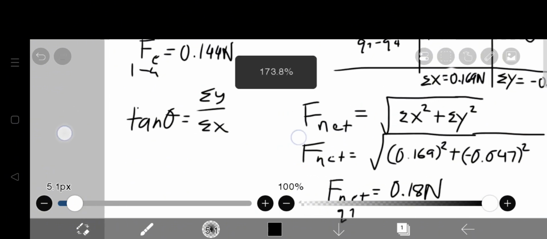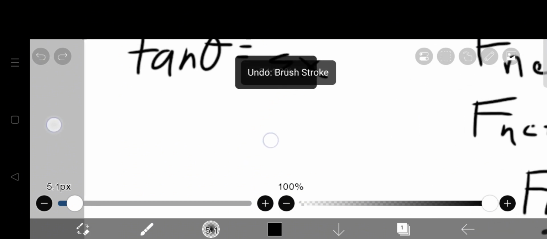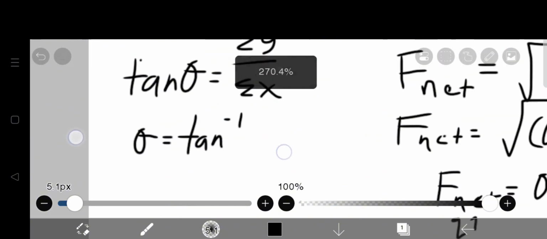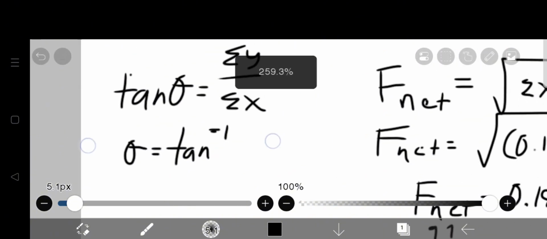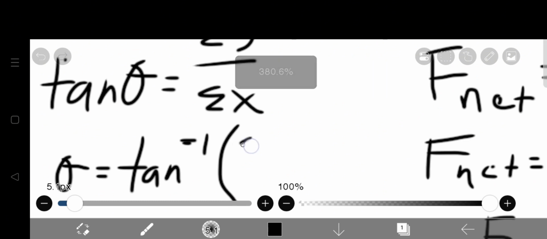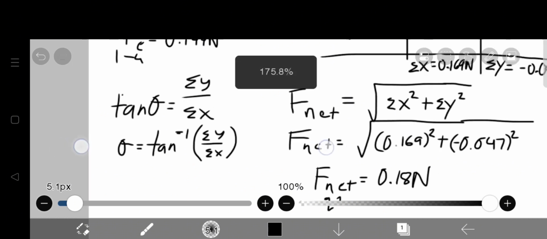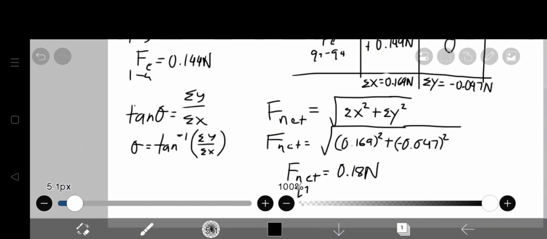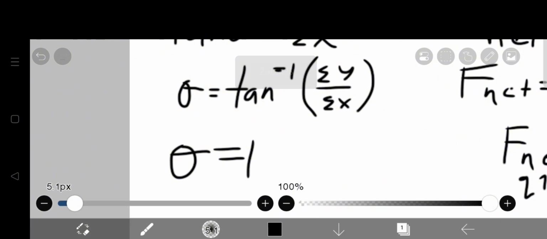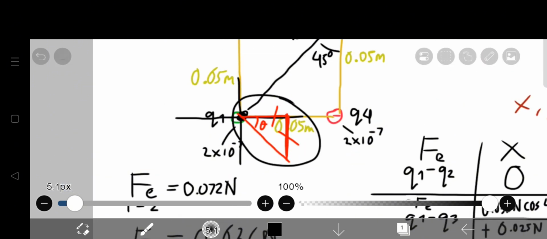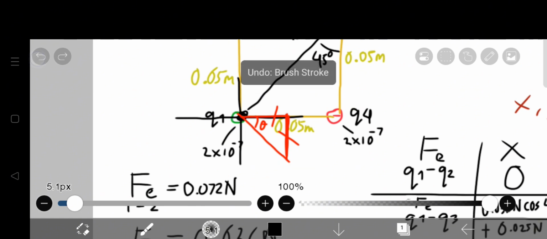Ngayon, since yung angle yung hinahanap natin, so that would be theta is equal to arctan of the summation of y over the summation of x. So, input lang natin sa calculator and that would be 15.54 degrees. And since itong portion yung kinuha natin, that would be south of east.